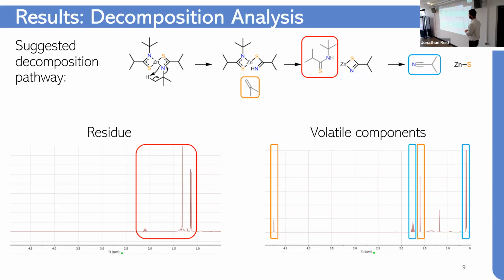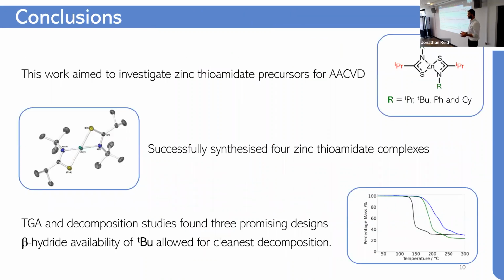So it basically put me in a situation where I had designed and synthesized a novel system and been able to characterize its decomposition pathway really nicely. And that fed into some of the research that I'm doing now.